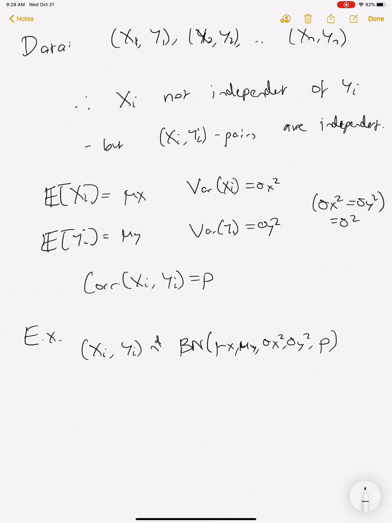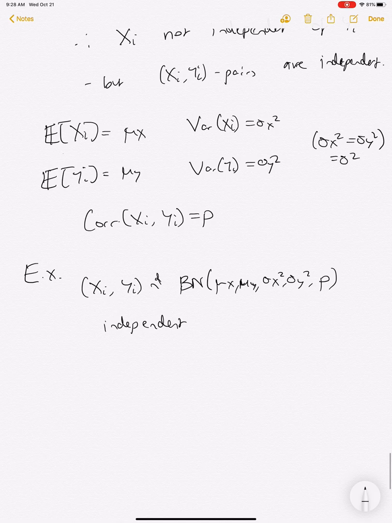And this is for independent pairs. So they're not independent of each other, and this is an important distinction to understand here. The x's and y's are not independent of each other because they come from a joint distribution that's the bivariate normal. But each of the pairs are independent.